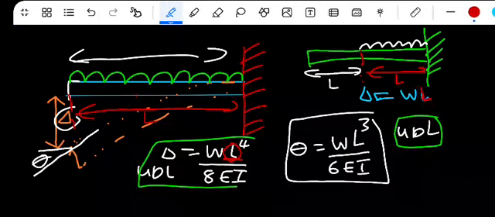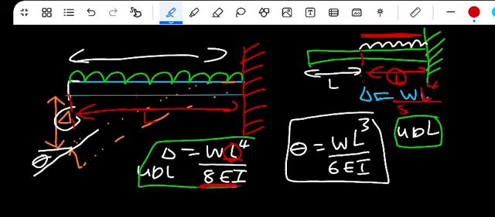That means I'm speaking about this length, this L of the distributed load, divided by the same formula. You still raise to the power 4, you still divide by 8 E I. So that is it, guys.